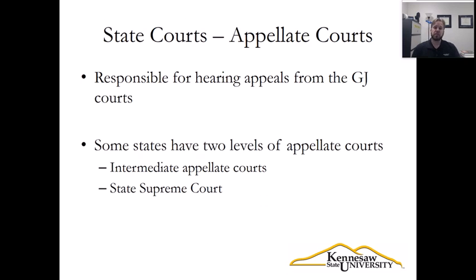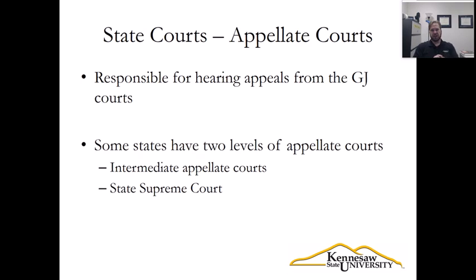So your state appellate courts are responsible for hearing appeals from the courts of general jurisdiction. You might actually end up with a case that starts off in traffic court, and then it gets appealed to your court of general jurisdiction, and then maybe you might even appeal it again to your appellate court. Some states have two different levels of appellate courts.